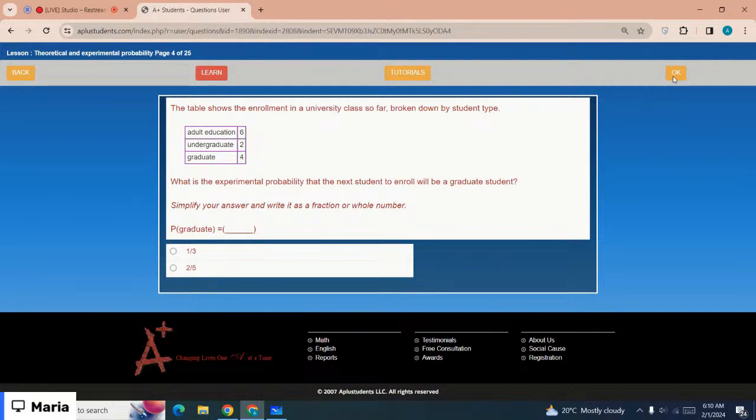Yes, the correct option is 1 over 3. It would be 4 over 12, and that equals 1 over 3. The correct option is 1 over 3.